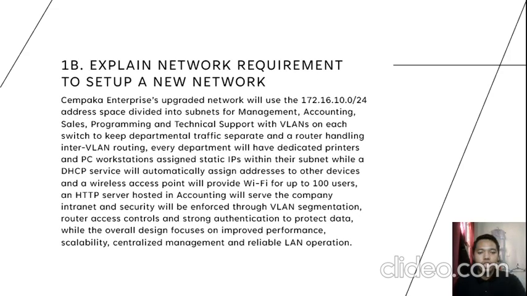After we design the network, I will next explain the network requirements to set up the new network. We need to do VLAN and inter-VLAN on the switch, and then assign IP addresses and assign the DHCP protocol to the devices so that they can provide communication with other devices.